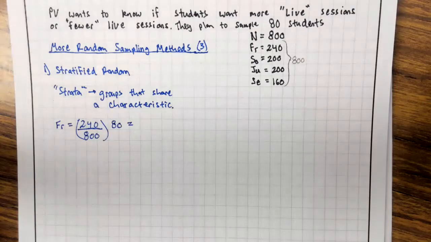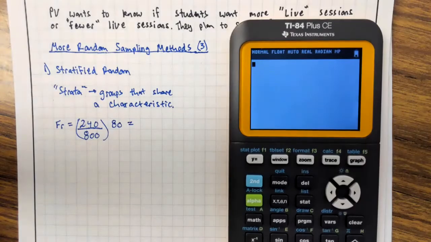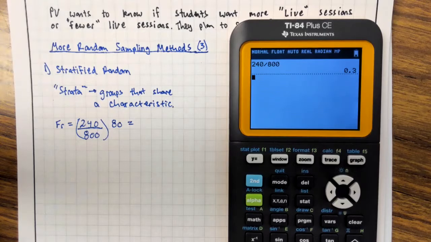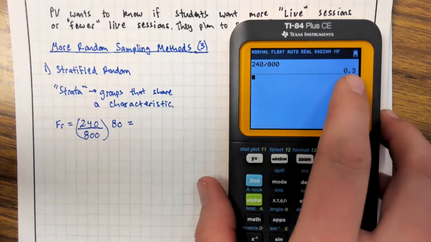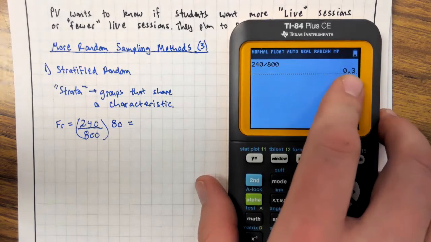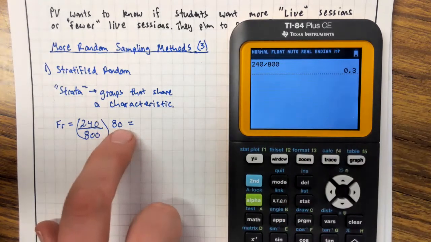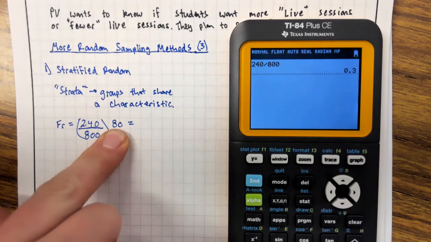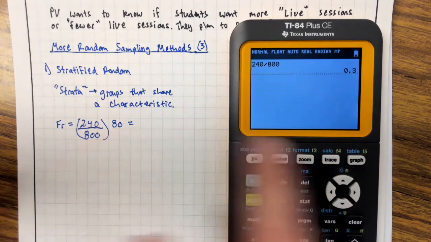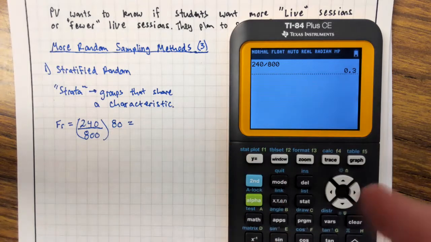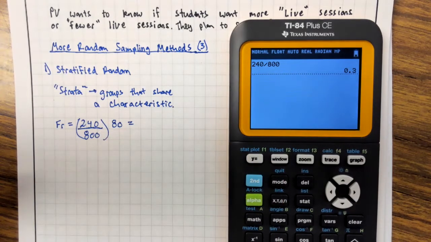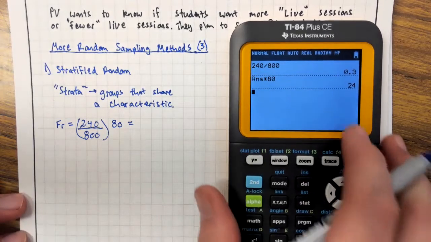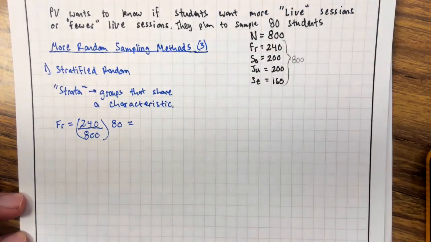So I'll get a calculator out and show you. 240 divided by 800. So, it looks like 30% of the school is freshmen. So in our sample of 80 students, we want about 30% of that sample to be freshmen. So that's why I'm just doing 0.3 or 30% times 80. It's 0.3 times 80. So in this sample of 80 students, we want 24 to be freshmen.